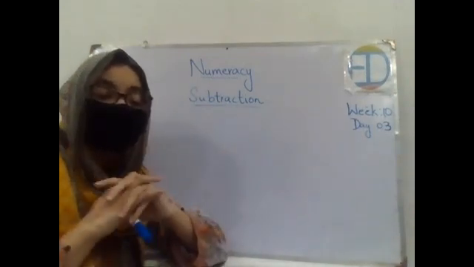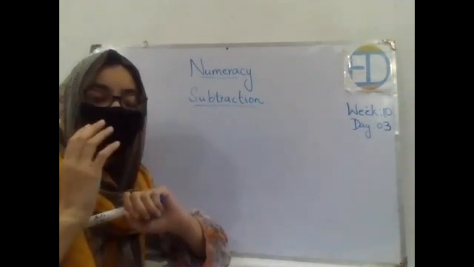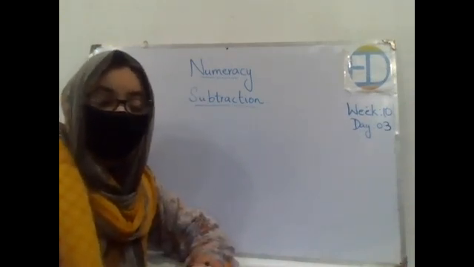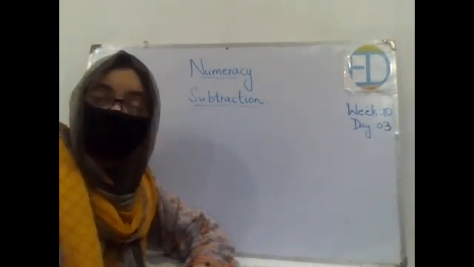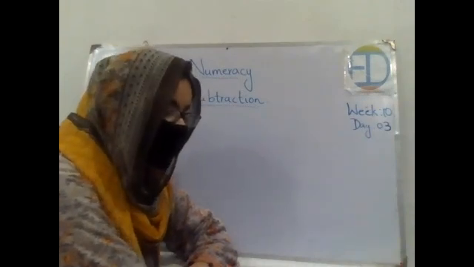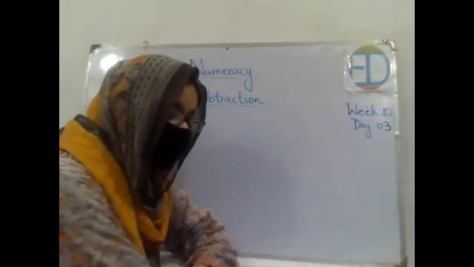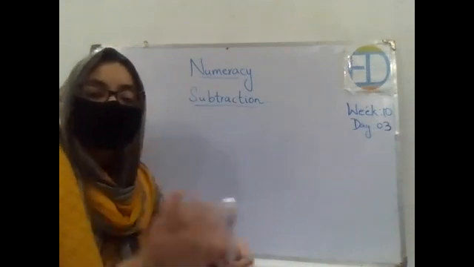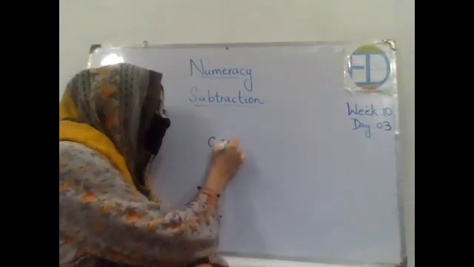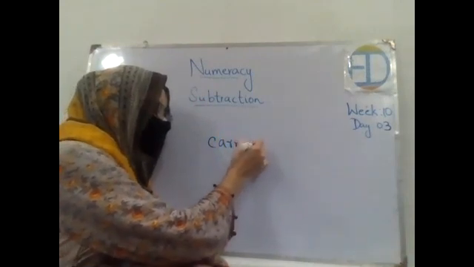So in today's class, like we practiced addition with and without borrowing, similarly we will be practicing subtraction as well, right? So what does borrowing mean in subtraction? In addition, we did questions with and without carrying over, remember?